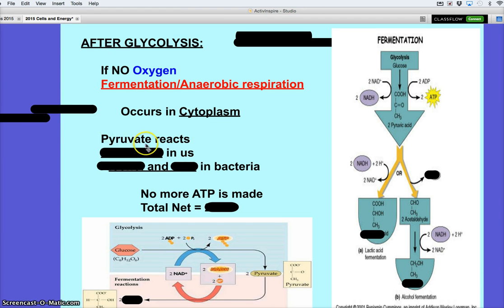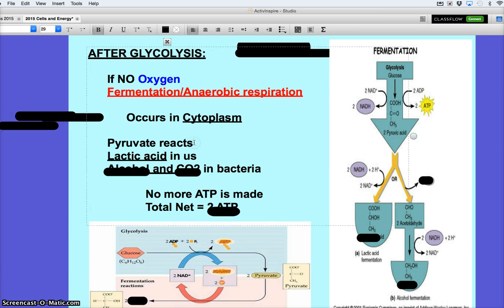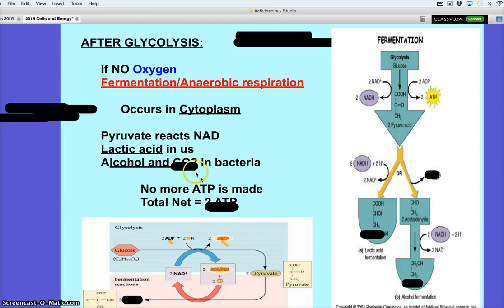Pyruvate's going to react with the other product of glycolysis, which is NAD, or the other reactants, and they're going to form lactic acid in humans, and in bacteria, they're going to form alcohol and carbon dioxide. No more ATPs are made, so the total net yield of ATP after glycolysis and after fermentation is 2.